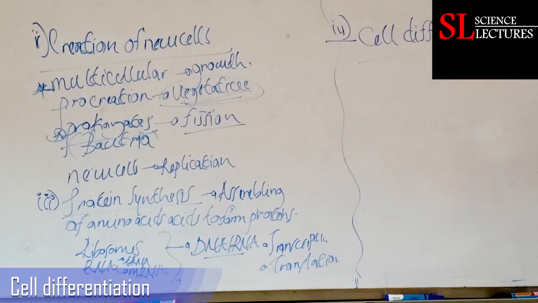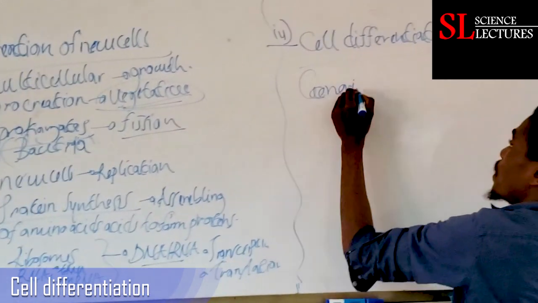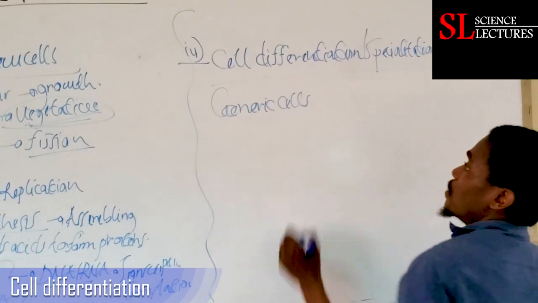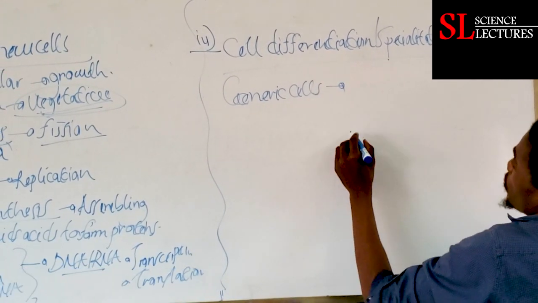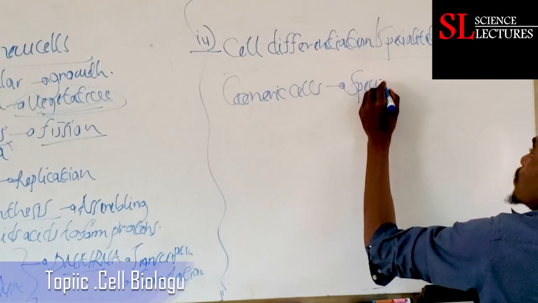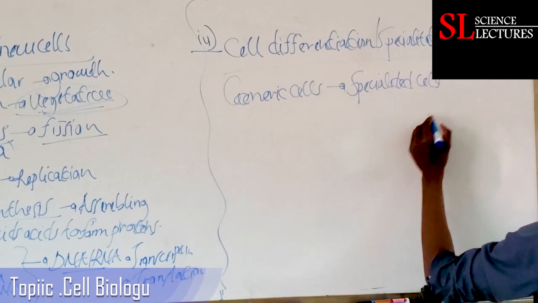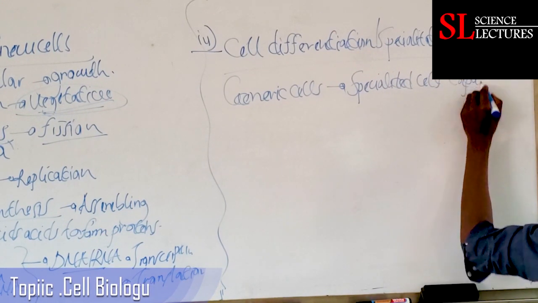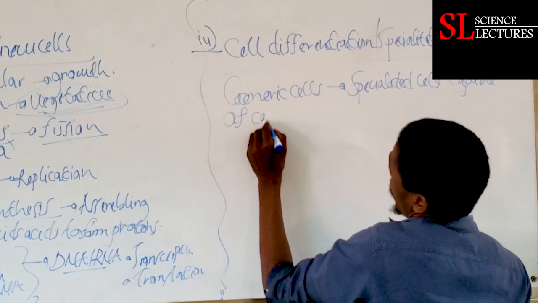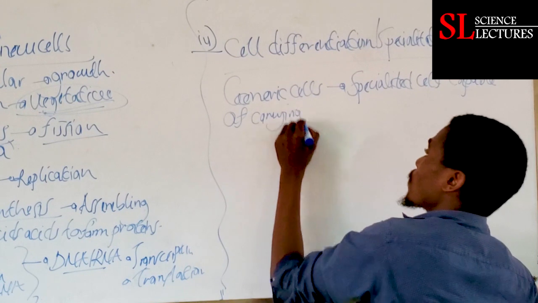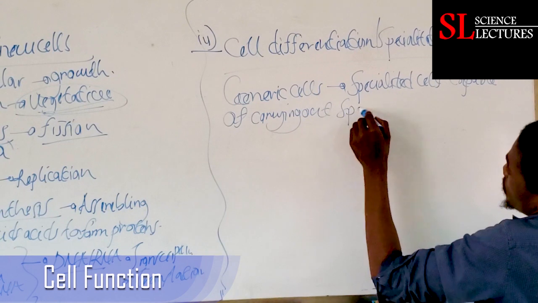So what is differentiation or specialization? The process by which generic cells are developed into specialized cells capable of carrying out specific, specialized functions.